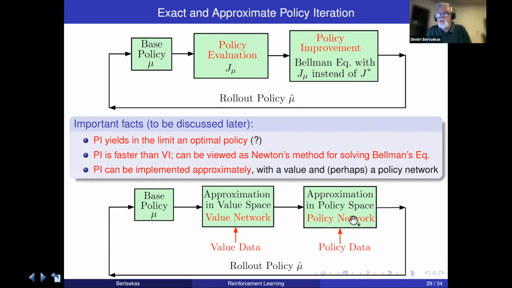However, you don't have to do that. You can go straight into policy improvement. So this box can be exact or it can be approximate. If it is approximate, it involves approximation in policy space and taking the corresponding one-step look ahead policy that's obtained by policy improvement, construct a training set, and then construct a policy network in the manner I gave towards the end of the first half of the lecture.